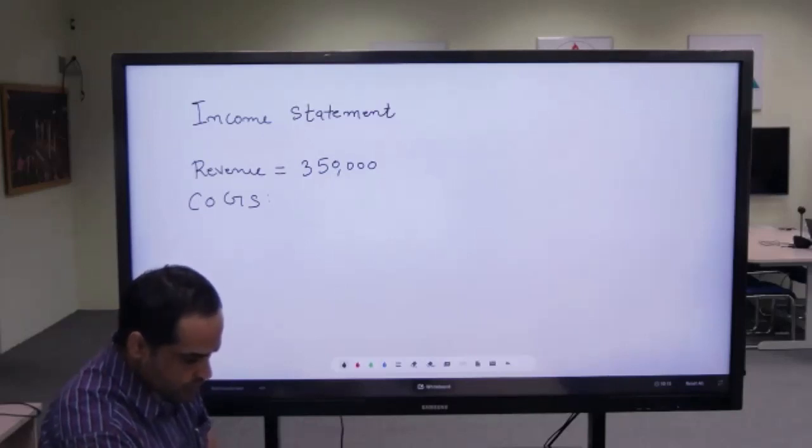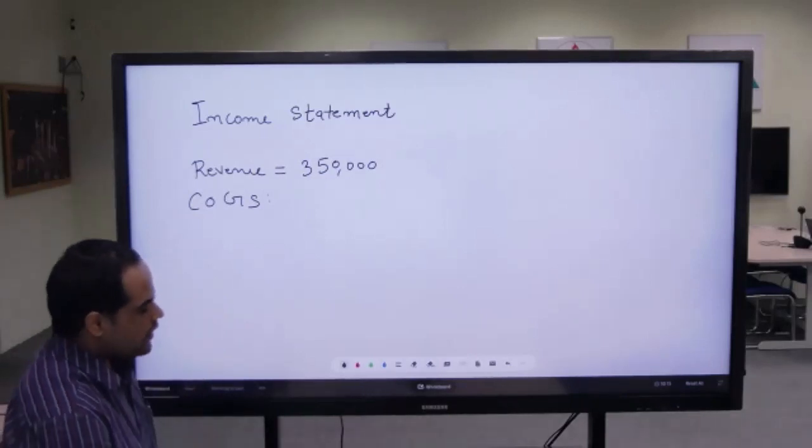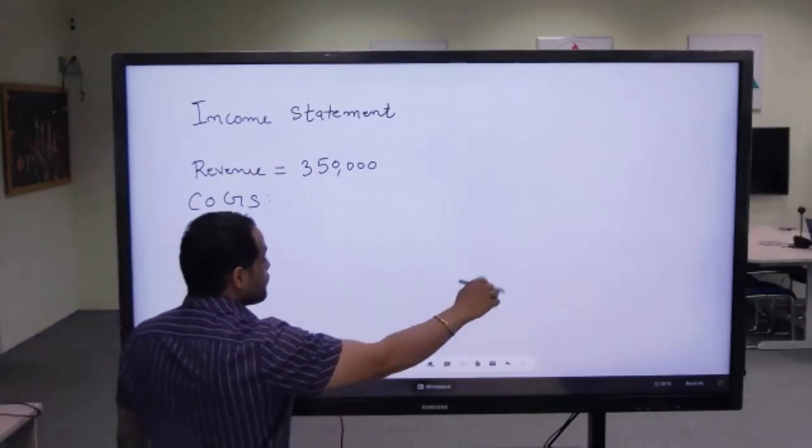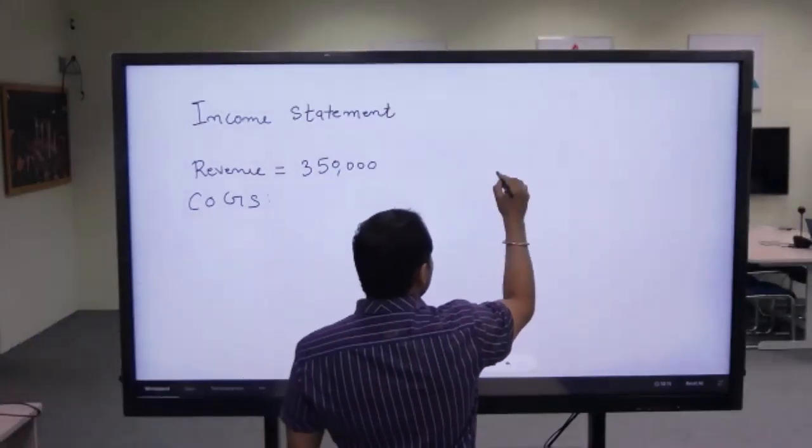Anybody else? The idea is how to calculate cost of goods sold.